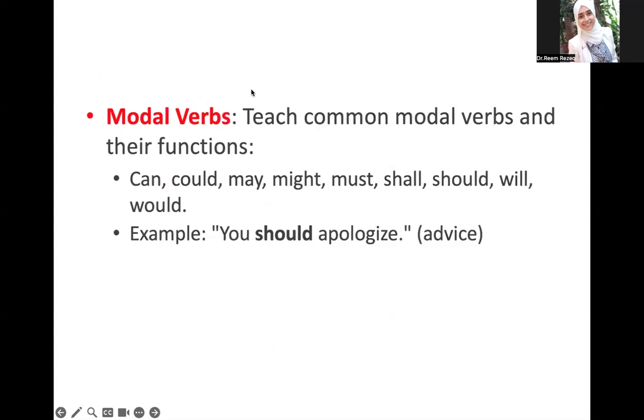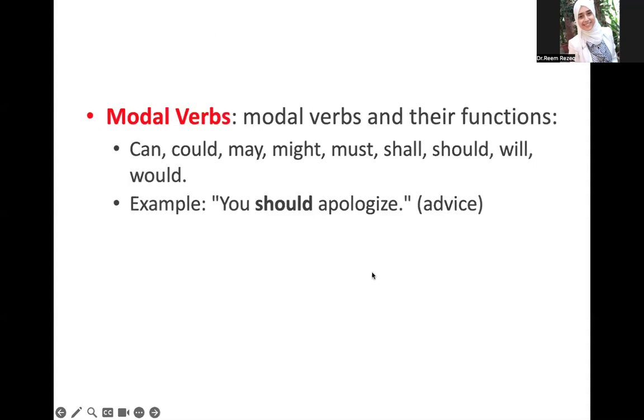Modal verbs. So here, common modal verbs and their functions. For example, can, could, may, might, must, shall, should, will, would. For example, you should apologize. Advice here. We are giving advice. So there are different functions for different modal verbs.